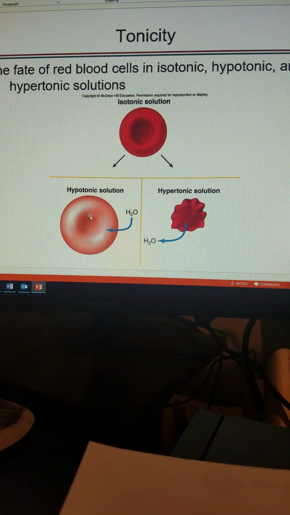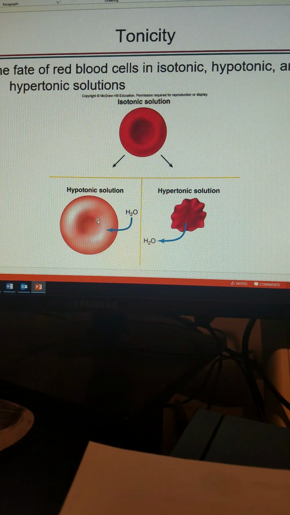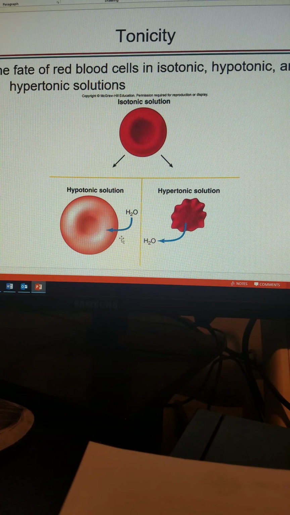In a hypotonic solution, water is going to move inside the cell because there is a greater concentration of water on the outside. And where does it want to move? It wants to move inside. So remember, in osmosis, an area of high concentration wants to go to an area of low concentration. But what will that do? In turn, it will pump the cell up, and it could cause the cell to burst.